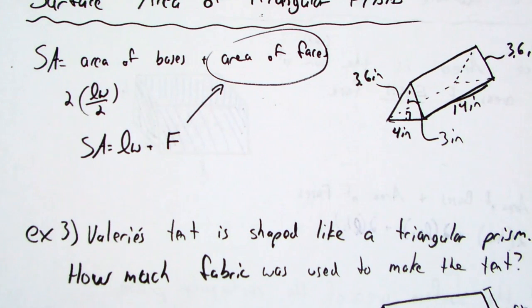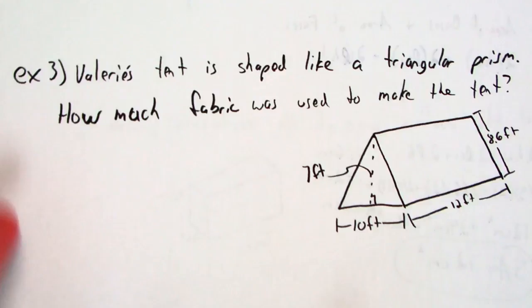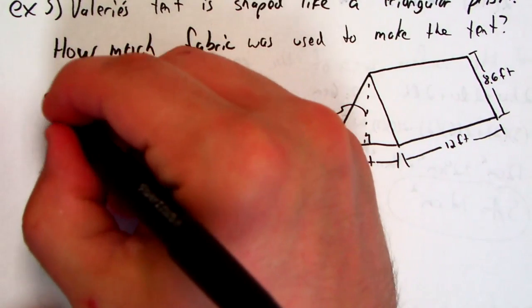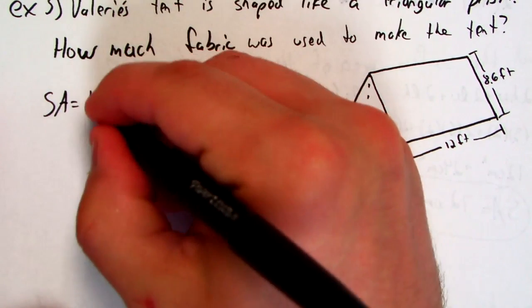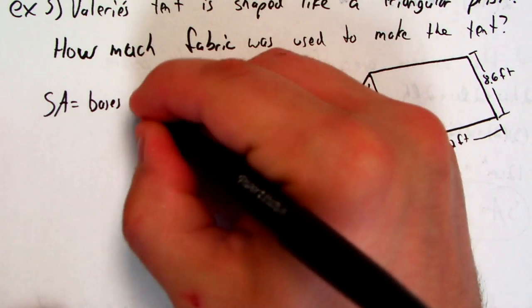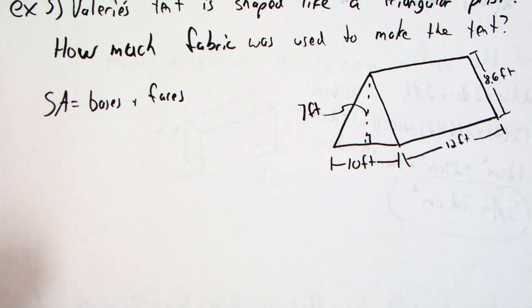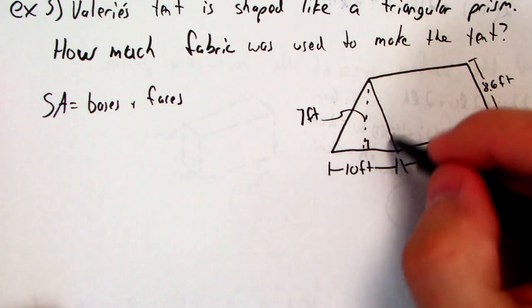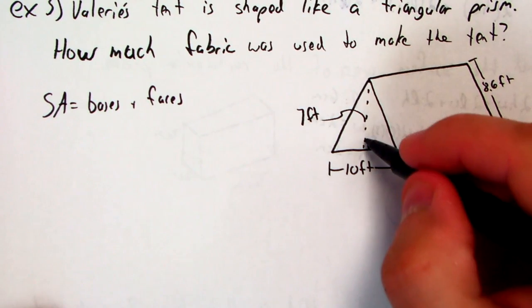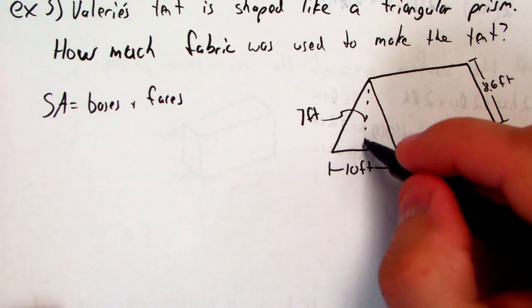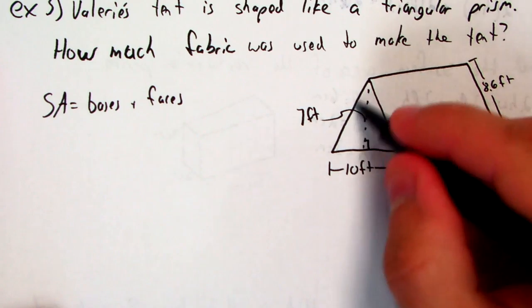So, first thing we're going to look at is this example here. Surface area, bases, plus faces. Area of the base is 10 and 7. So 10 times 7 is 70. Divided by 2 is 35. But there are 2 of them.